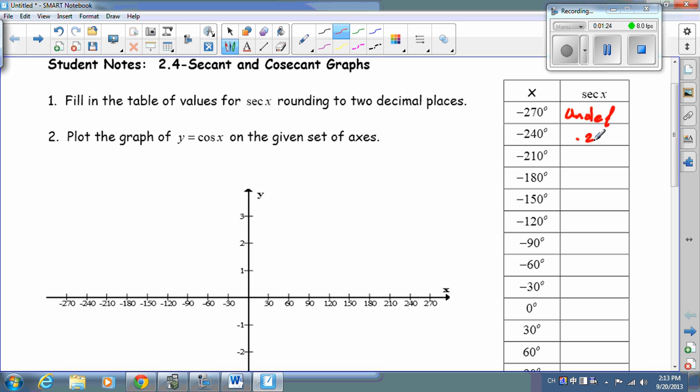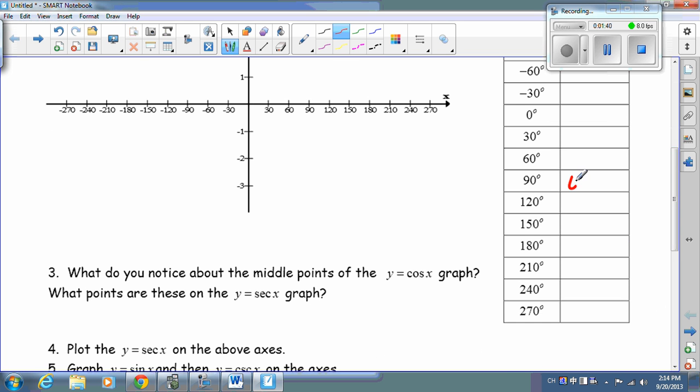I will have my negative 2 here. I will have my negative 1.16. And my next undefined will be at negative 90. And I will have another one at 90. And the last one will be at 270.